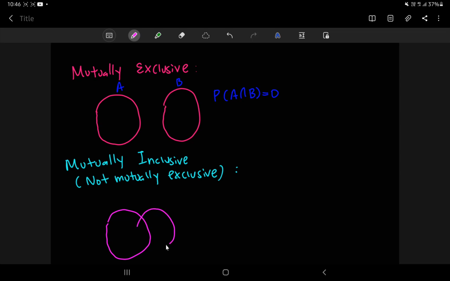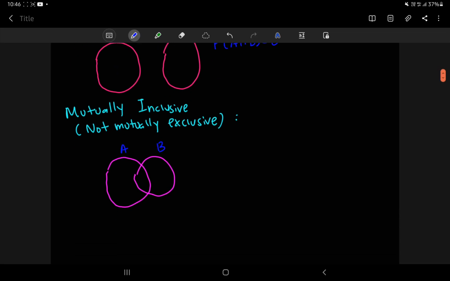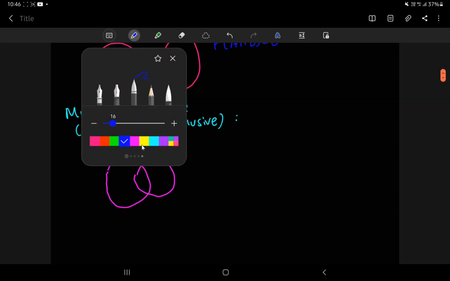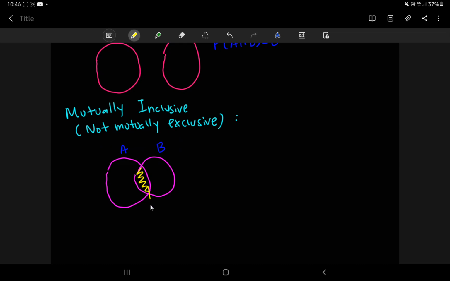For example, like this, this is A and B. You can see that in between them there is an intersection, so A and B can possibly happen simultaneously at this intersection, which means that P of A intersection B is not 0.